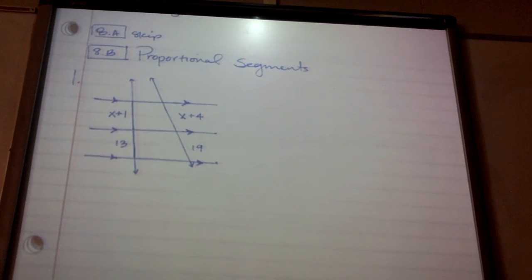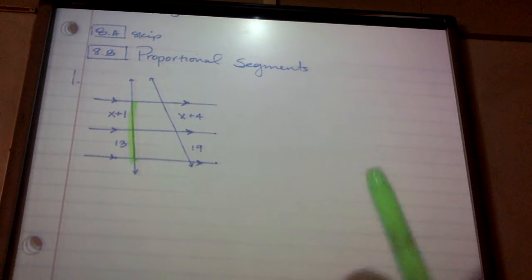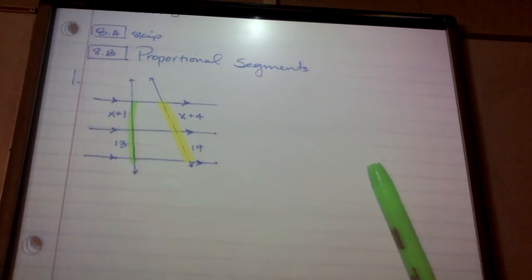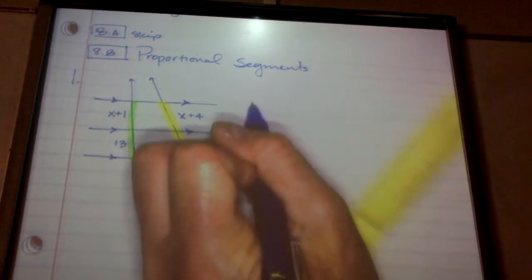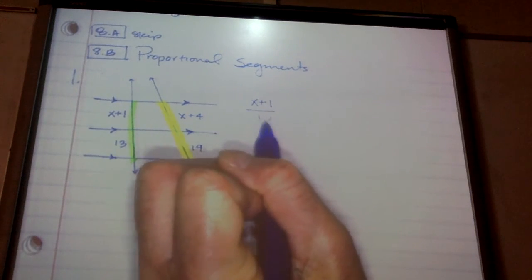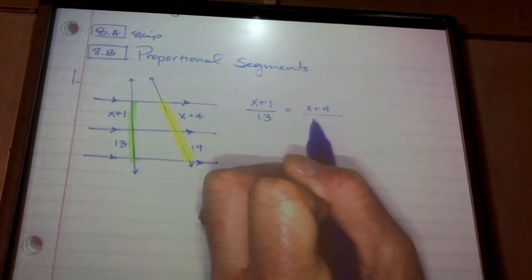So because of the parallel lines, I know that these segments have to be proportional. There's a couple ways you can set them up, but I like to just set them up by the sides that they are on. So these two segments have to be proportional, and these two segments have to be proportional. So x plus 1 is to 13 as x plus 4 is to 19.